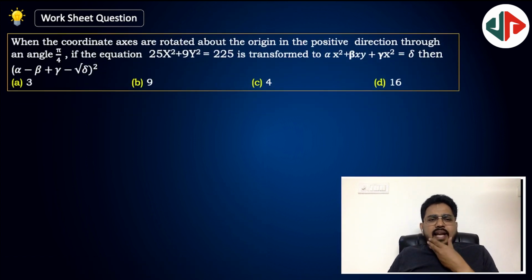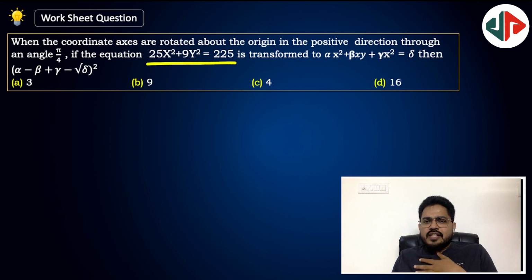When the coordinate axes are rotated about the origin in the positive direction through an angle of pi by 4, and the equation 25x square plus 9y square is equal to 25 transforms to alpha X square plus beta XY plus gamma Y square is equal to delta, then alpha minus beta plus gamma minus delta whole square is equal to, what is this value?